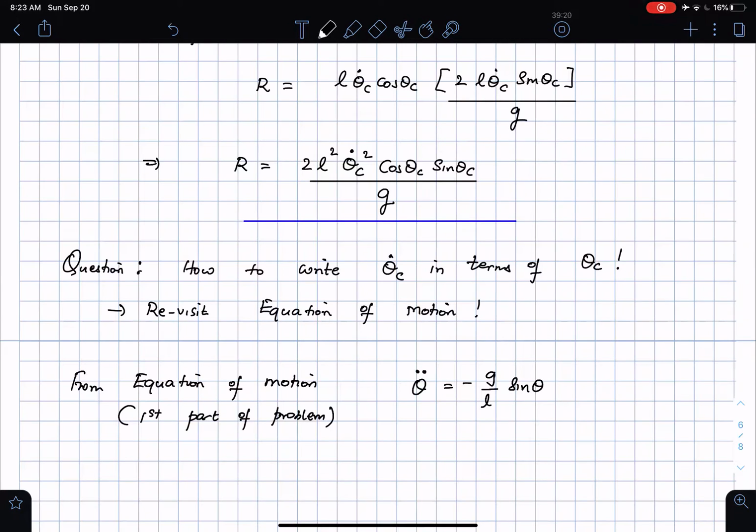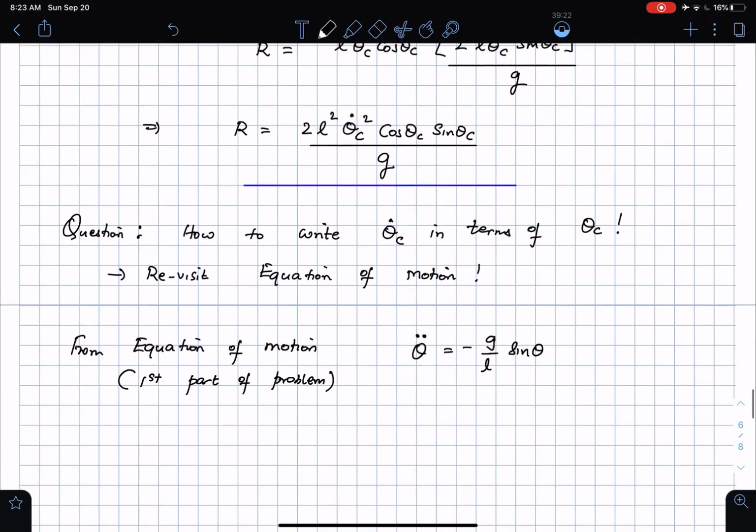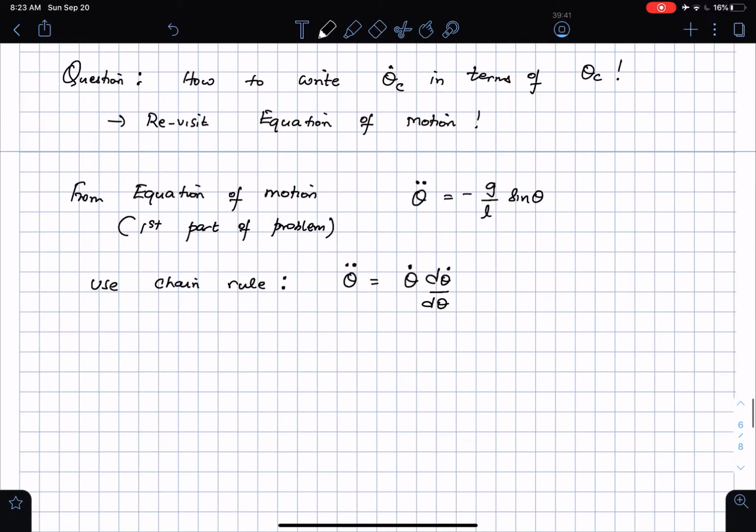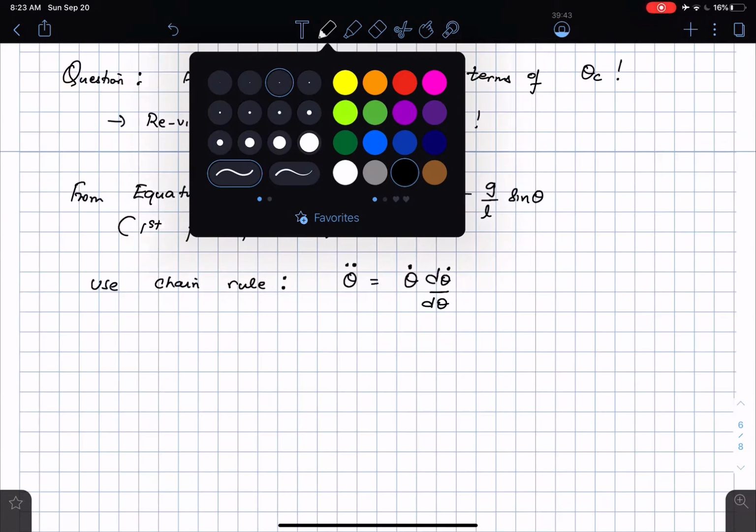Okay, so I have to use the chain rule. Theta double dot, we know from the chain rule, is going to be theta dot d theta dot by d theta. We have done this before, so I'm not going to go over this again.